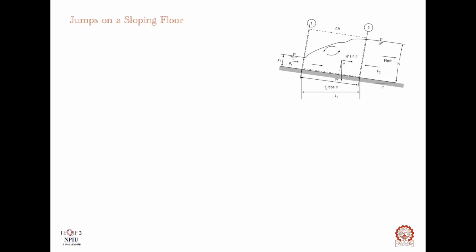Many attempts have been made by many researchers. Even after that, no satisfactory solution has been found so far. However, let's take a simple case, that is a frictionless rectangular channel having bed slope theta with the horizontal.